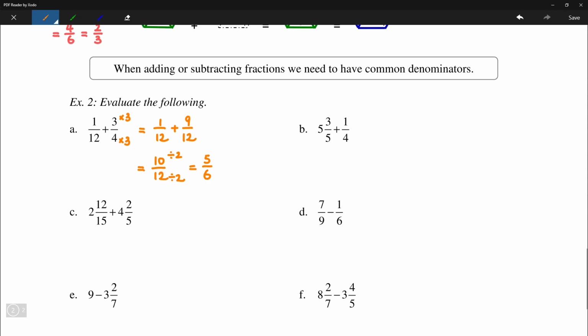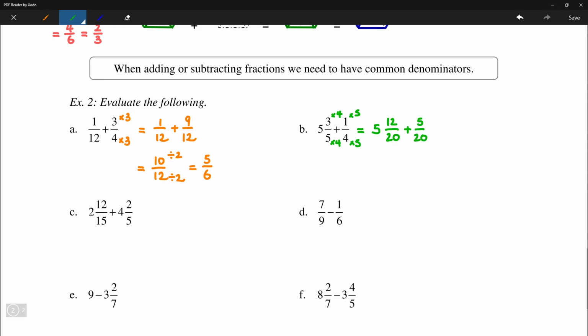Okay. Next step here, example 2b. So here, what we can do is rewrite both fractions to have a common denominator. In this case, the common denominator will be 20. So the first fraction becomes 5 and 12 over 20. The second fraction becomes just 5 over 20.